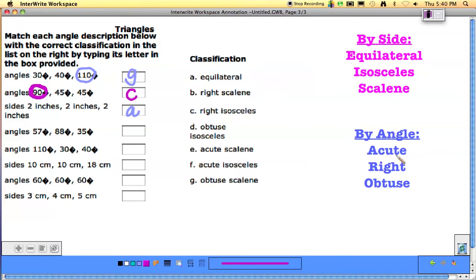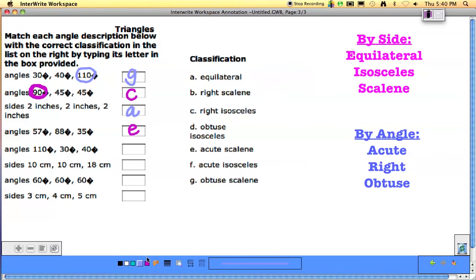An acute triangle is where we have no angles that are greater than 90. So I know the angle type is acute, and since none of the angle measurements are the same, the outsides are going to have all different side lengths as well. So this is going to be an acute scalene.